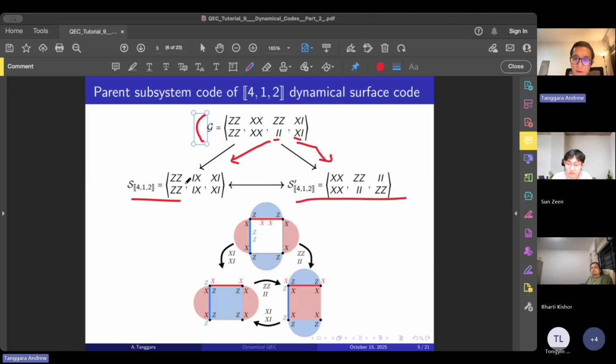Once I go to either of them, I can go back and forth between them by measuring either the two Z's on top or the two X's on the left, as we discussed last time. The logical operators actually stay the same. We have this X logical operator corresponding to the two qubits on top, so this is X bar, and the two Z's on the left are Z bar, and they're the same for all of these codes.